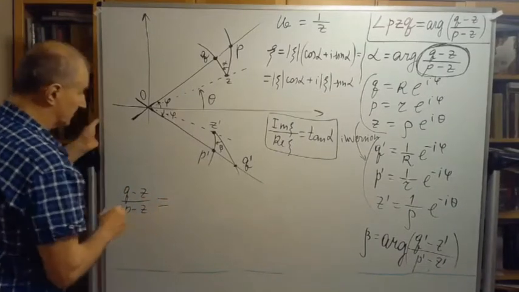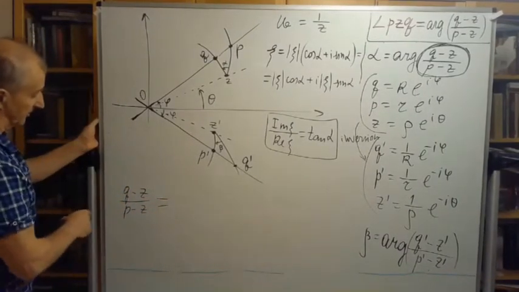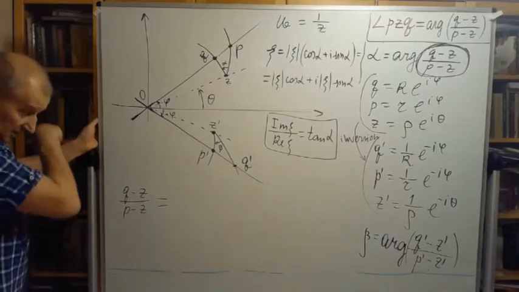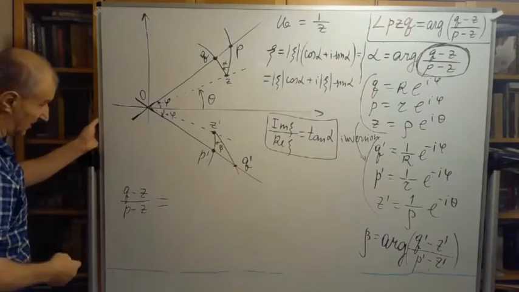I will act as usual. I multiply and divide by the conjugate to get rid of the imaginary parts in the denominator.